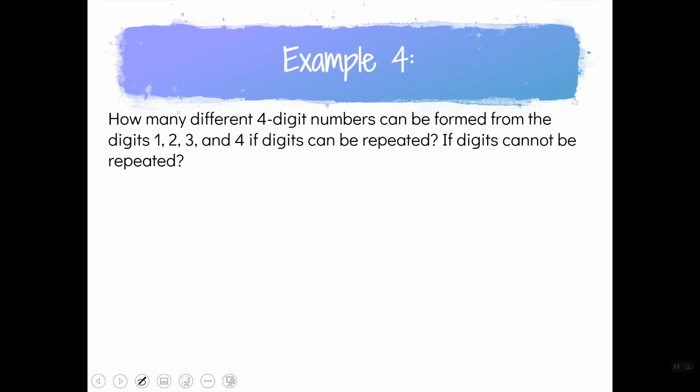Example 4, similar. Suppose we want to figure out how many different 4-digit numbers can be formed from the digits 1, 2, 3, and 4, if digits can be repeated or if they can't. If they can, we have 4 options for the first, second, third, and fourth. 4 to the 4th power.